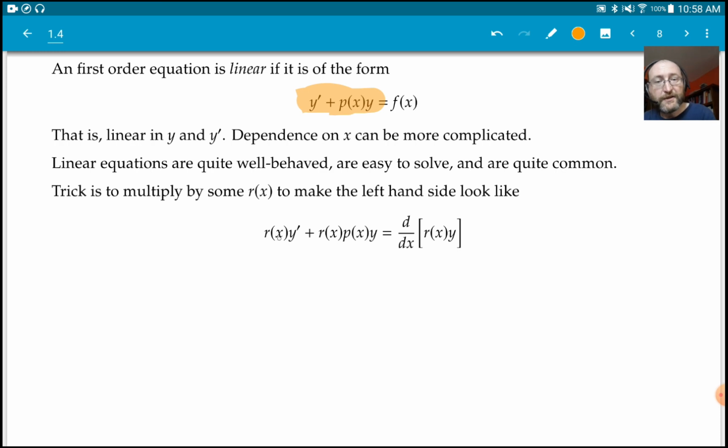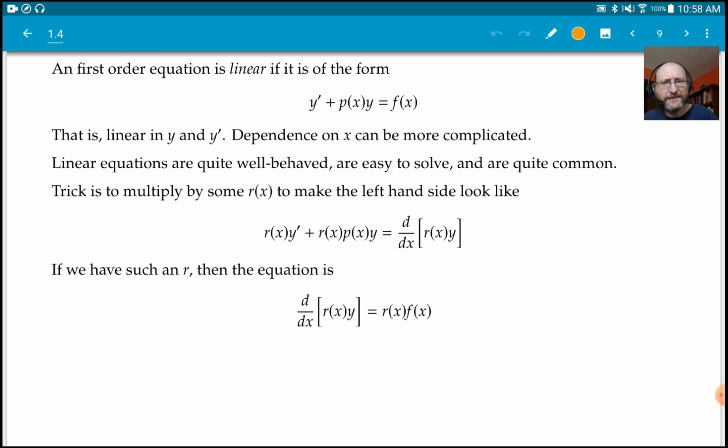So what if I multiply by something? Let's call it r of x, and then maybe it's something that came out of a product rule. Suppose that it's actually the derivative of r of x times y. Well, we have to find such an r. But let's suppose for a moment that we could find such an r.